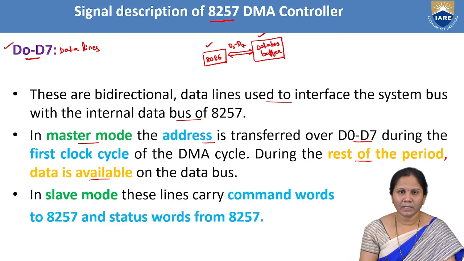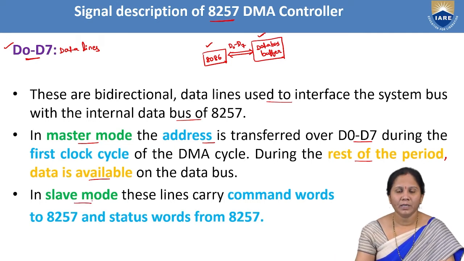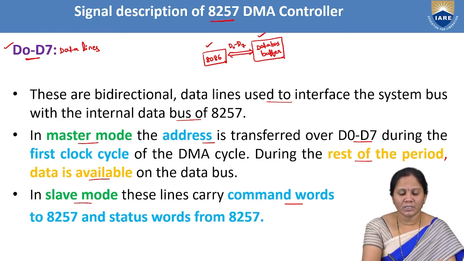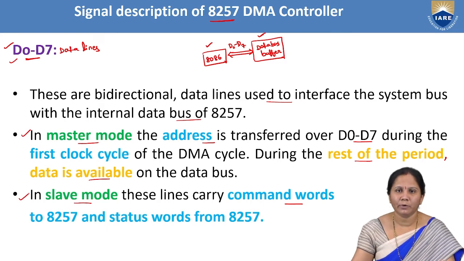When 8257 is operating in the slave mode, the same D0 to D7 lines will carry the command words to 8257 and status words from 8257. So the D0 to D7 signals have different functions in the master mode and slave mode.